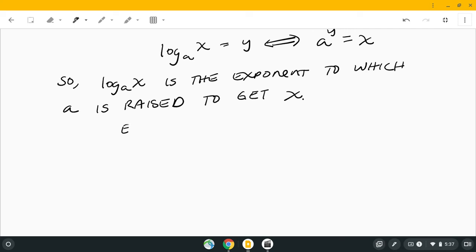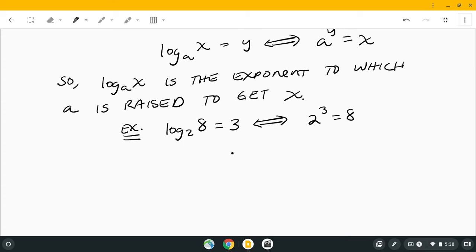And let's do an actual example here. So if I have log base 2 of 8 equals 3, we can see here that that relationship with exponentials holds true. We see that the base over here, 2, raised to this outside number, 2 to the third, equals this inside number, 8.